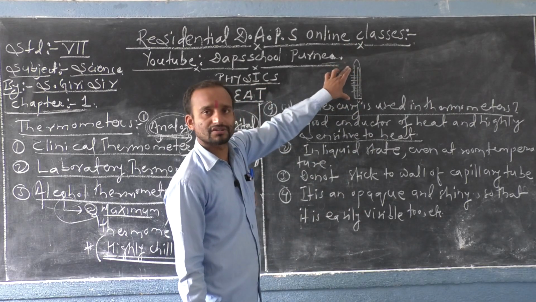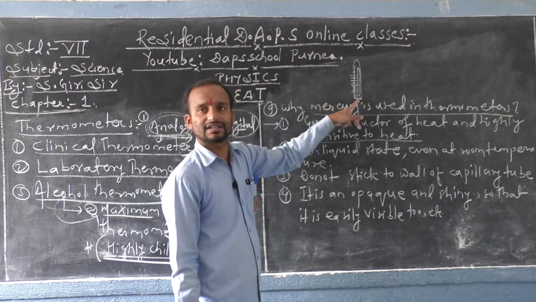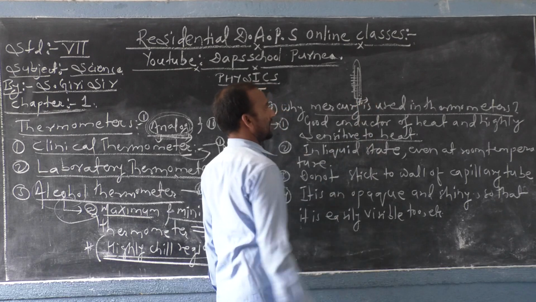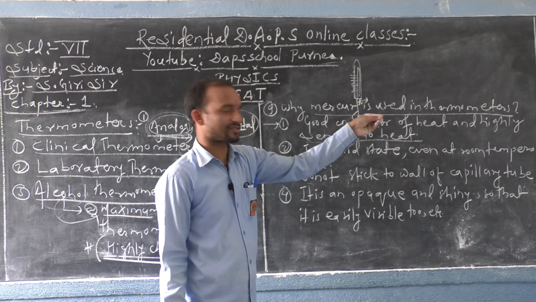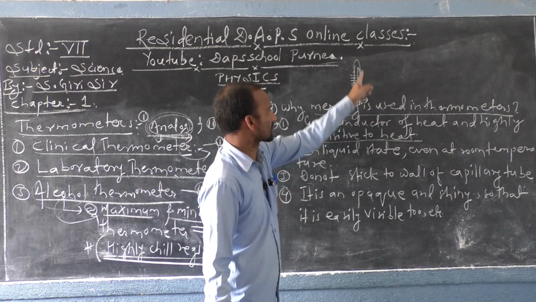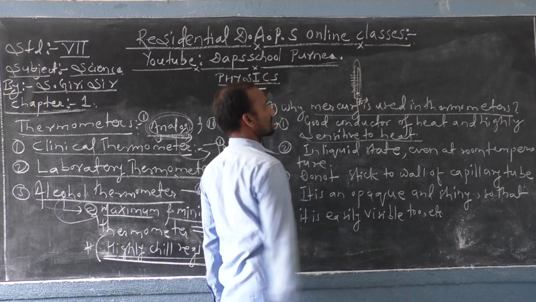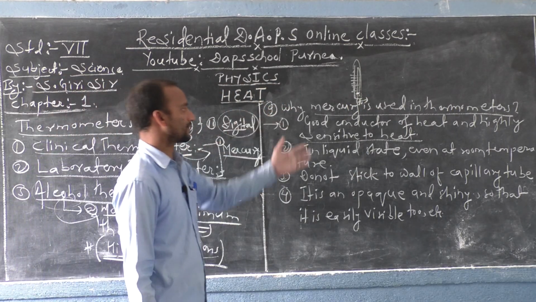Outside you get the readings, and inside there is one tube, and in that tube mercury is kept at the bulb. When you expose this bulb to any heat, mercury rushes and expands to a certain region, and we get to know the temperature of that body at that time.